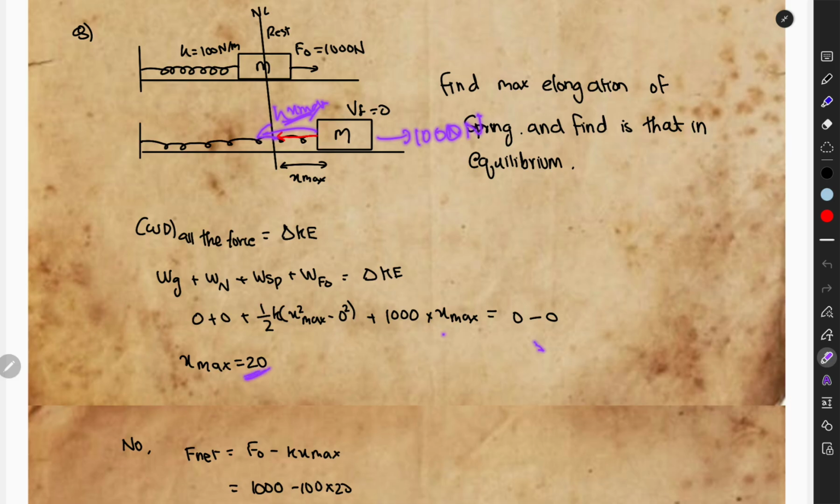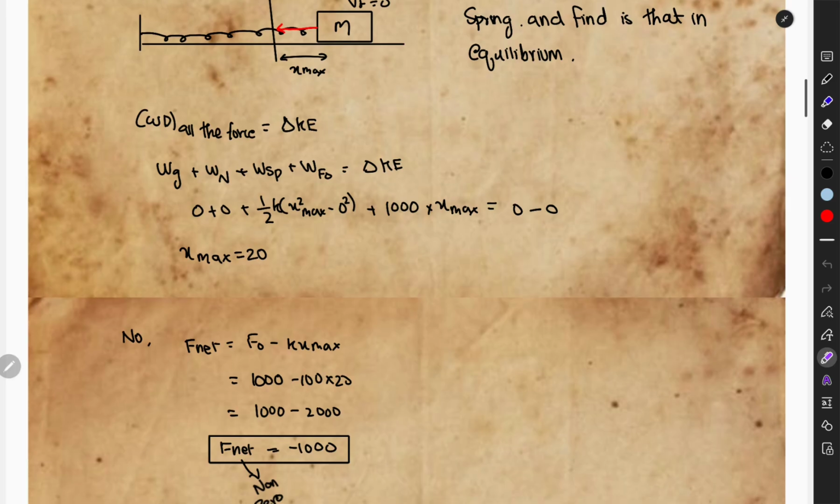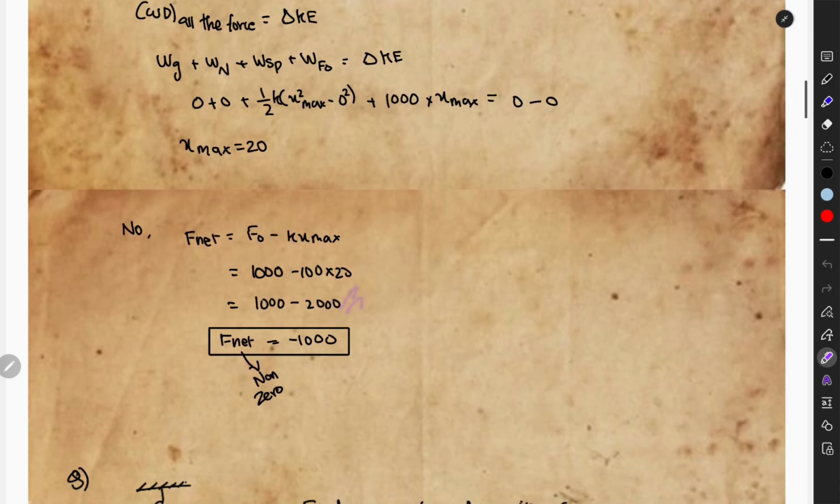We have found that x max is 20, right? 20 multiplied by k, which is 100. So we'll get 1000, and the F net value will be minus 100, oh sorry, 1000.